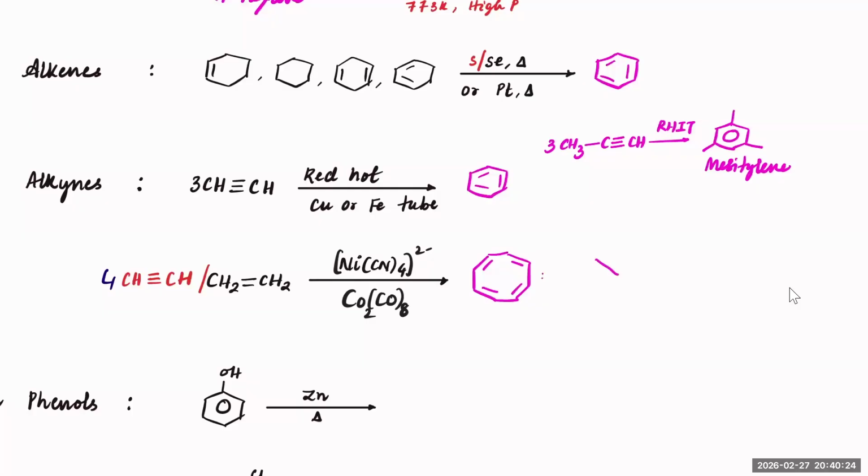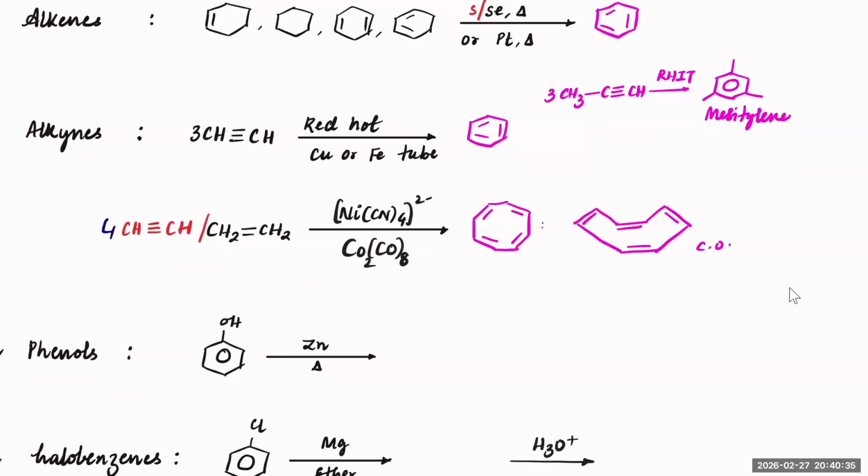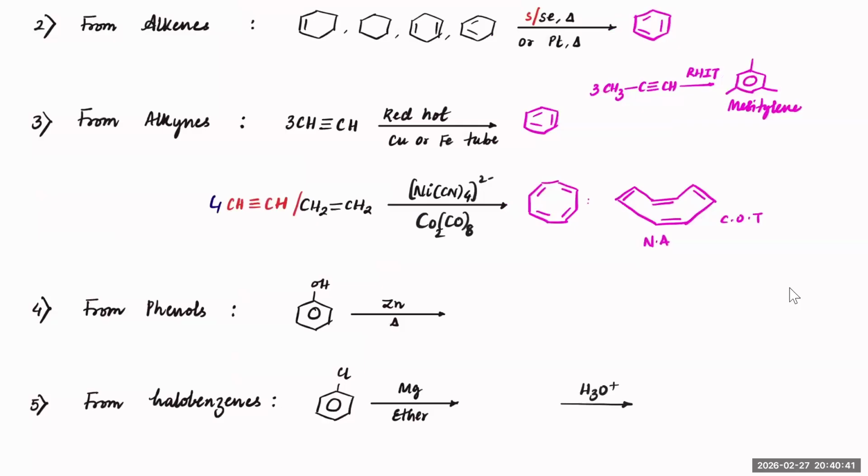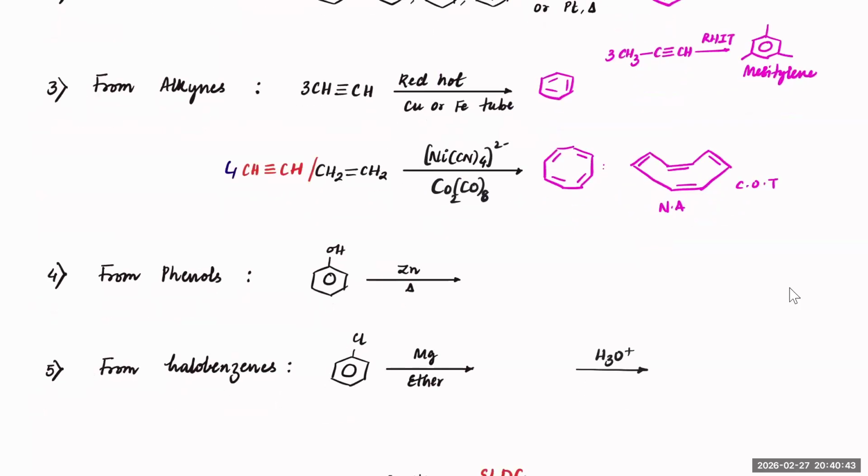And if you recall from GOC, we learned that cyclooctatetraene is a non-planar tub-shaped compound, COT, and it is non-aromatic in nature. NA means non-aromatic.